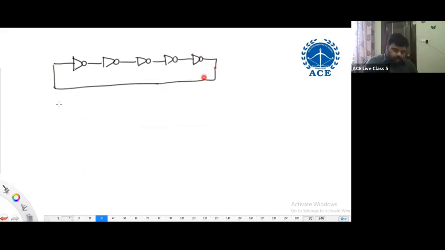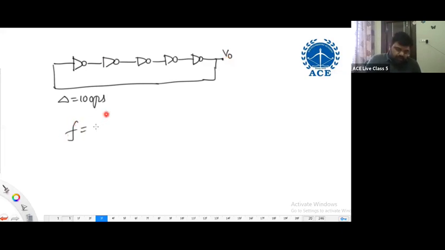In the following circuit, each inverter delays 100 picoseconds. What is the frequency of output waveform V0? Once again, in this circuit, each inverter is taking 100 picoseconds. What is the frequency of V0 in this circuit?